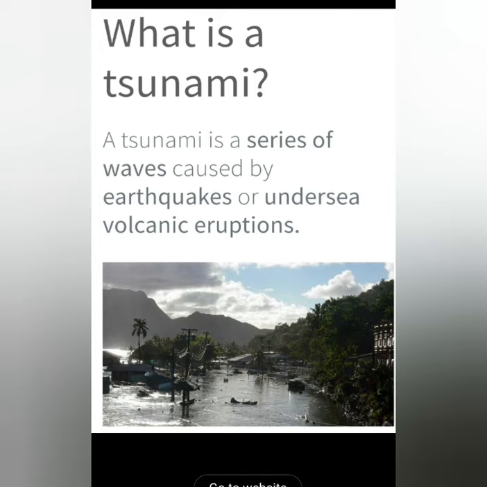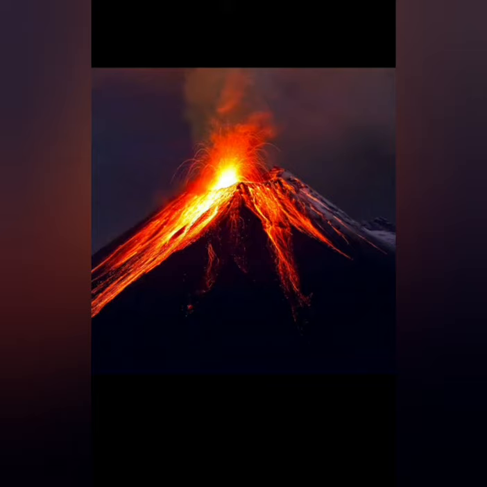The next important effect of this movement of tectonic plates is the tsunami. What is a tsunami? The word tsunami is a Japanese term meaning harbor waves. It is a series of waves caused by an earthquake or undersea volcanic eruption. A volcano is a vent or an opening on the surface of the earth's crust through which hot solid, liquid, and gaseous material erupts out from the earth's interior.